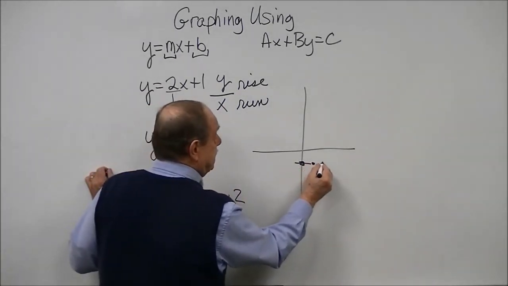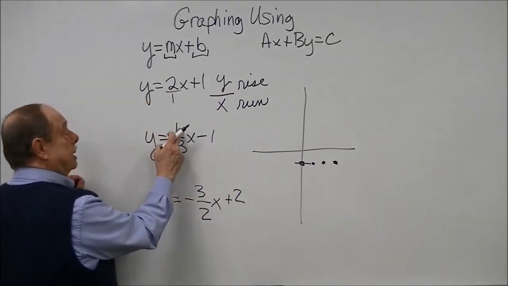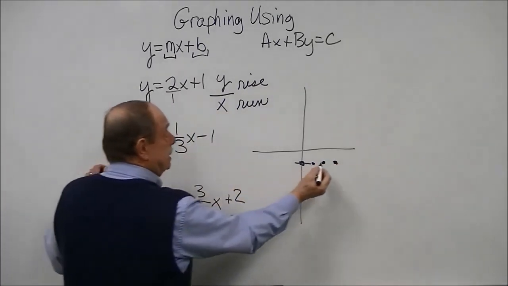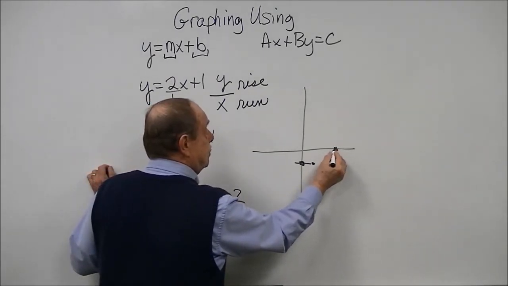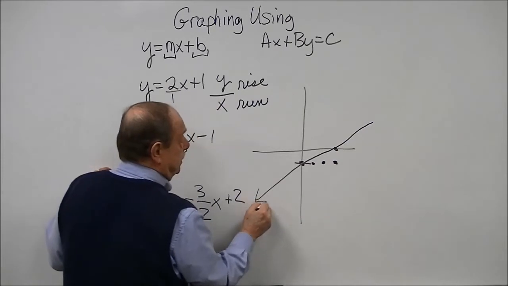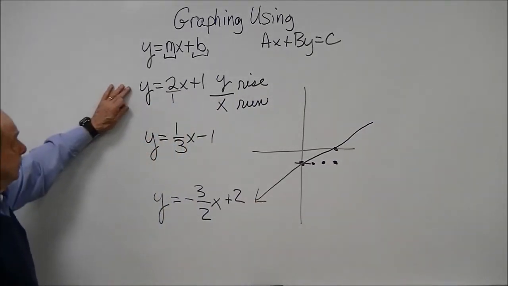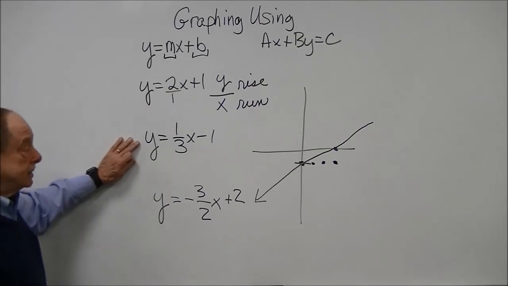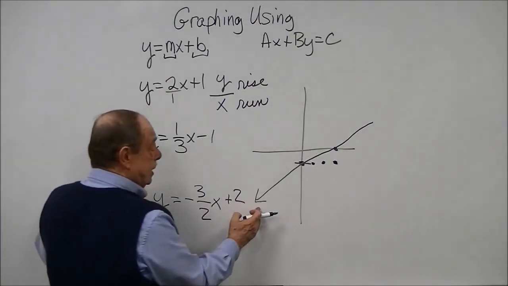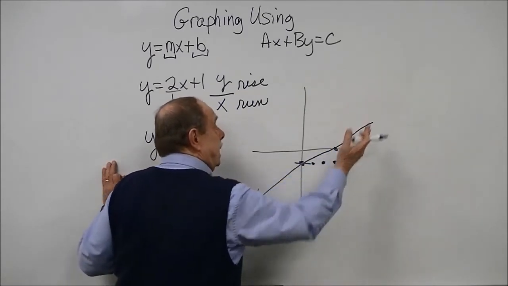So 1, 2, 3. And rise is 1. So from this position you go up 1. There's your 2 dots. And there's your graph. Now notice both this one and this one were positive slope. It started low, and as you went to the right, the line went up.